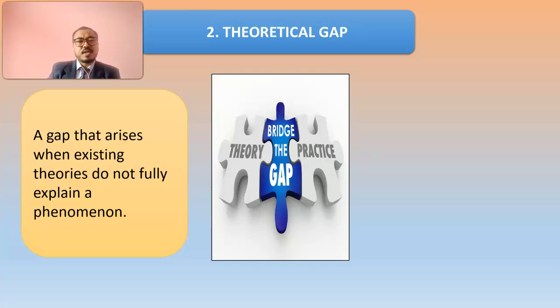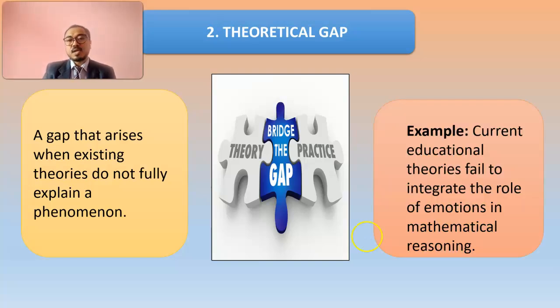So let's say if we are doing some research work, and if we are unable to prove or give the data that explains why the work has been done, why the thing is occurring or happening, so if we are unable to provide sufficient data, then that is called theoretical gap. For example, current educational theories fail to integrate the role of emotions in mathematical reasoning.